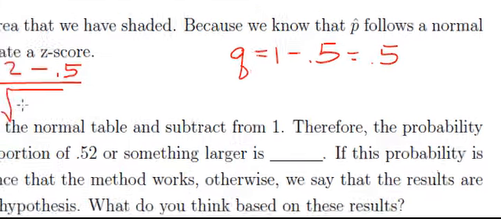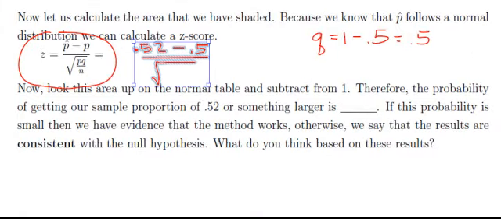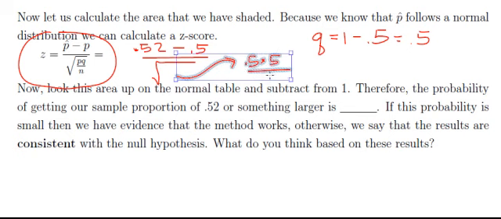So 0.5 times 0.5 divided by n, which was 100. That all goes underneath the square root sign.